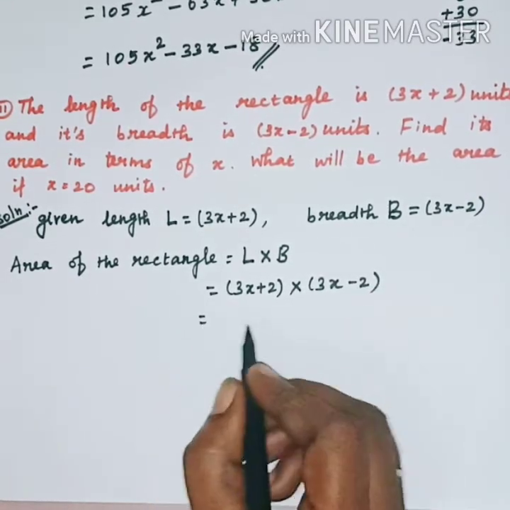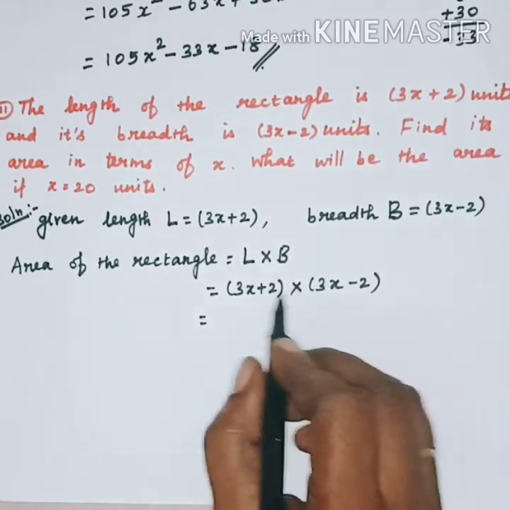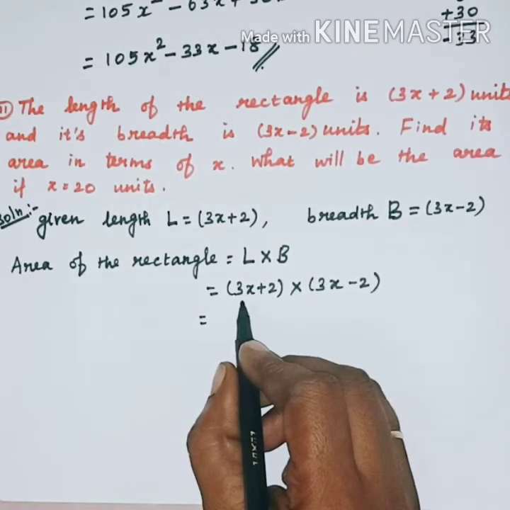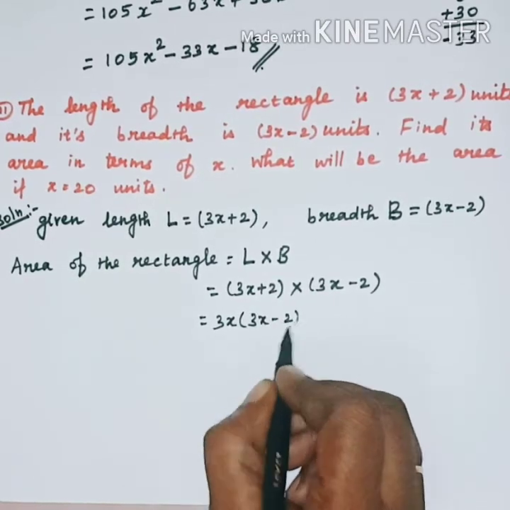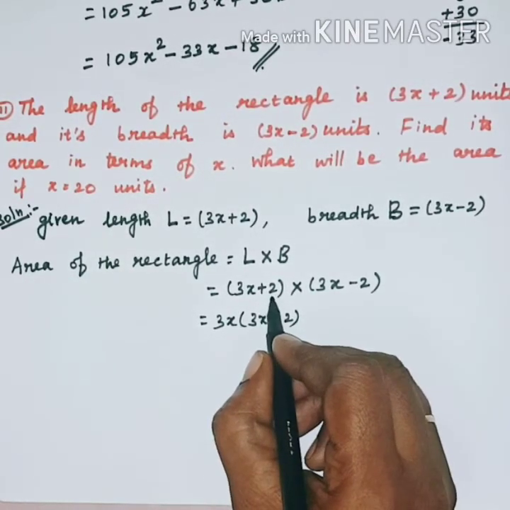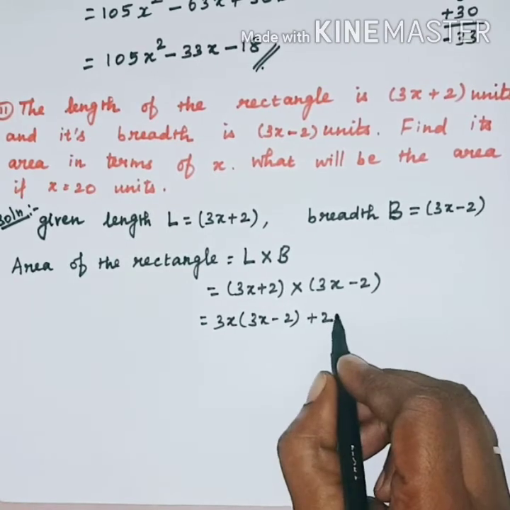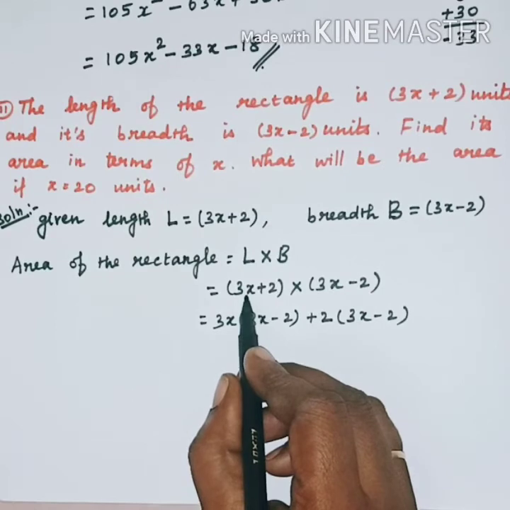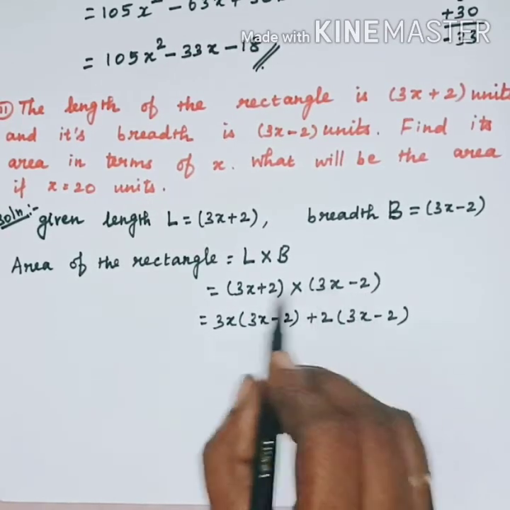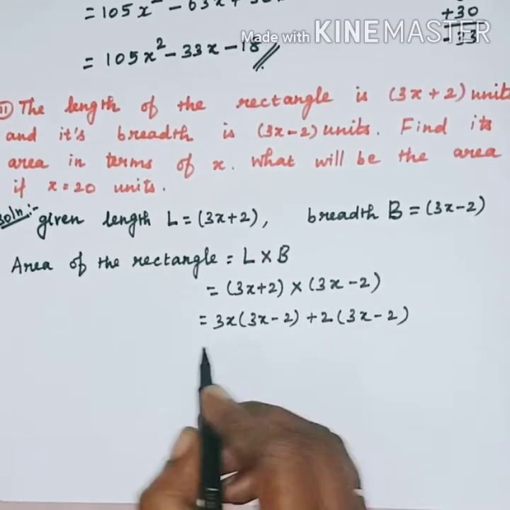Now we have to multiply these two expressions. First take the first term: 3x into 3x minus 2, and then the second term, plus 2 into 3x minus 2.